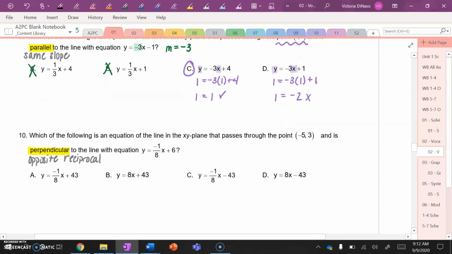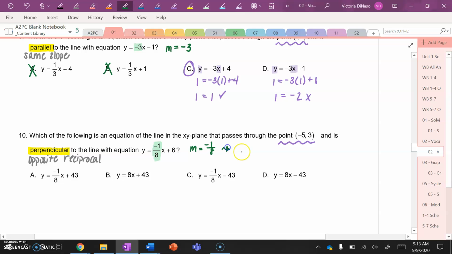For number 10, we're looking for an equation of a line that passes through the new point (negative 5, 3) and is perpendicular to the line with this equation. So this equation has slope negative 1/8, so my original slope is negative 1/8.